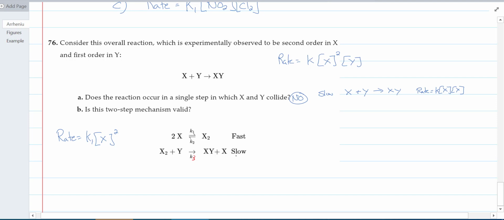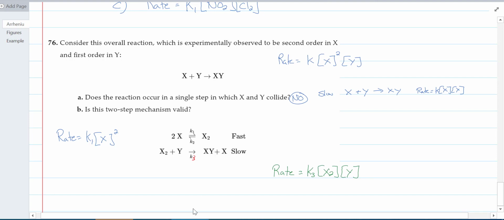So right now, from the slow step, the rate is equal to K3 times the concentration of X2 times concentration of Y. Well, why isn't that the rate law? Because we can't control the concentration of X2. It's a product in the first step.